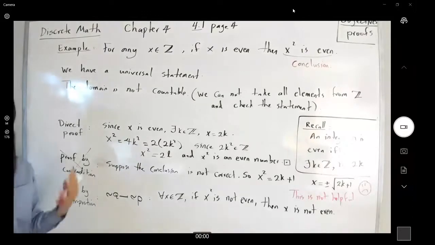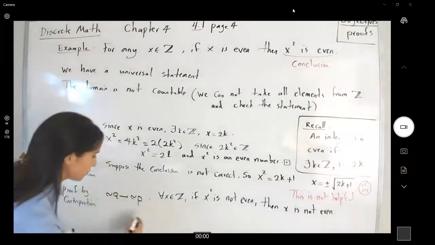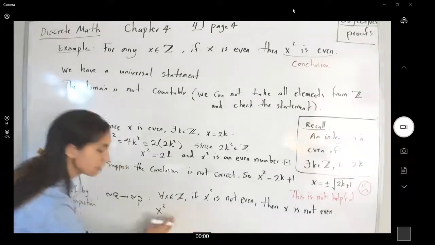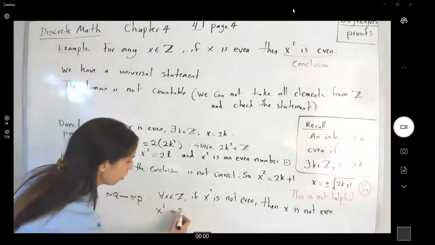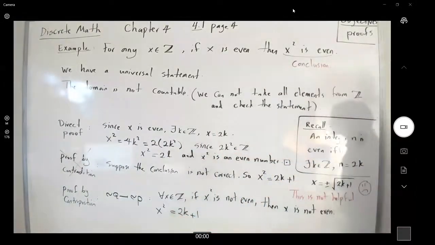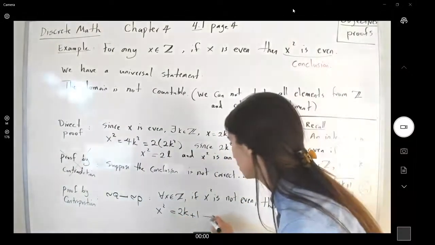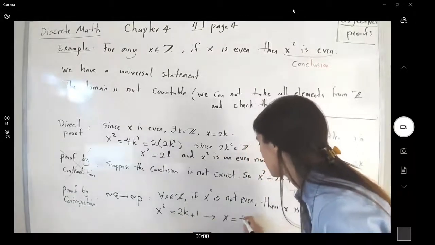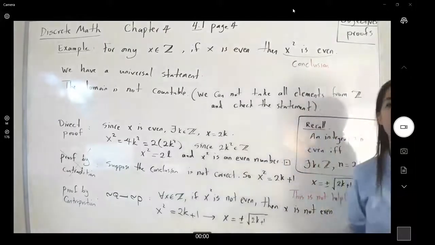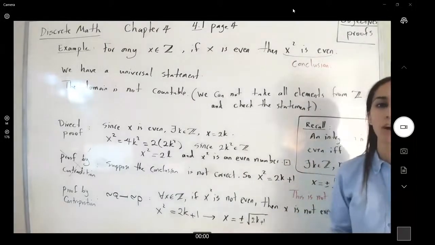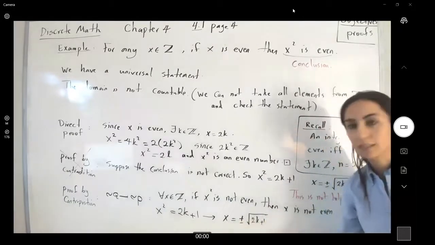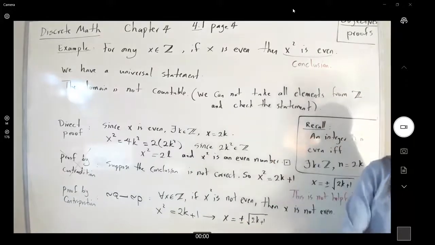If x squared is not even, then x is not even. So let me try a direct proof. x squared is not even. What's the meaning of that? It means that x squared is 2k plus 1. If I get rid of the exponent 2, x is plus minus the square root of 2k plus 1. Again, I ended up with a square root, and I don't know if I have a rational number or an integer. It makes the rest of the proof stall.